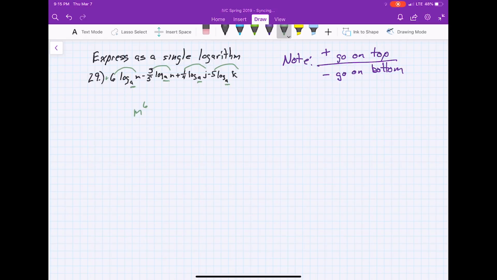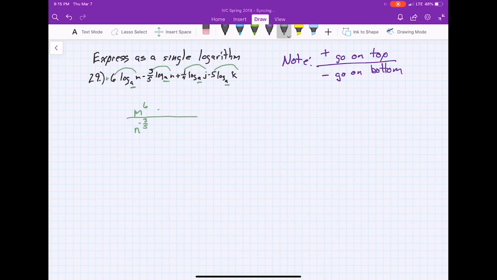So we've got m to the 6, because it was a positive, it's going to go on the top. We have n to the negative 3/5, it's going to be on the bottom. So I'll put my fraction bar here. The j is to the 1/4, and the k is to the negative 5th.